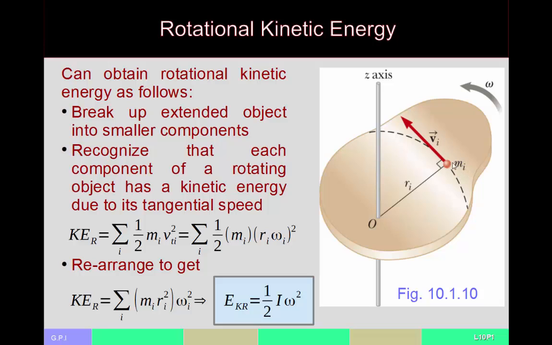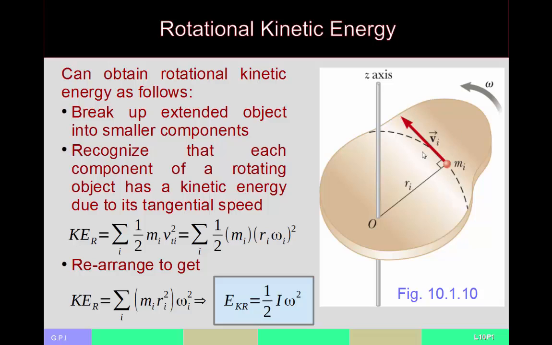The mass of the particle is mi. The instantaneous speed of the particle is the instantaneous rotational speed times the radius from the axis of rotation. So if we want the total kinetic energy for this whole big object, we take all of these individual points or elements that make up the object.